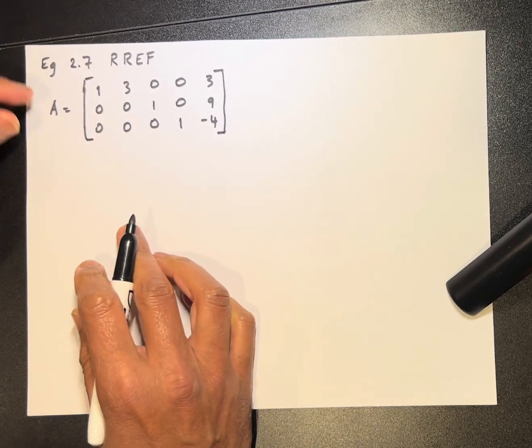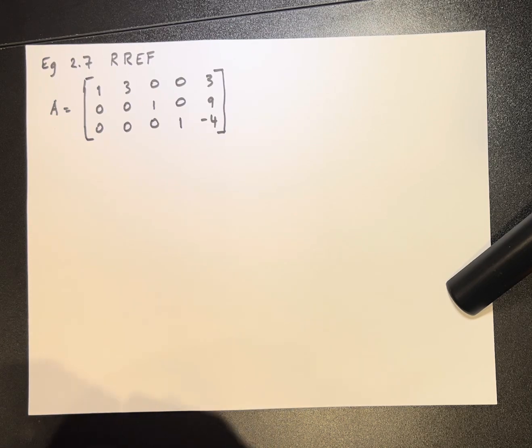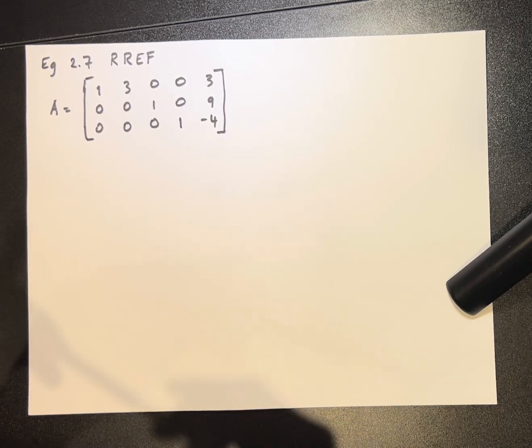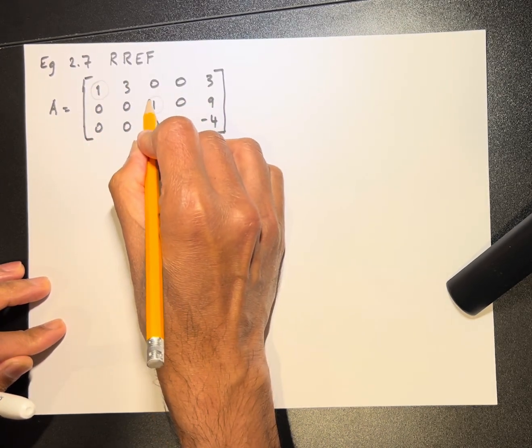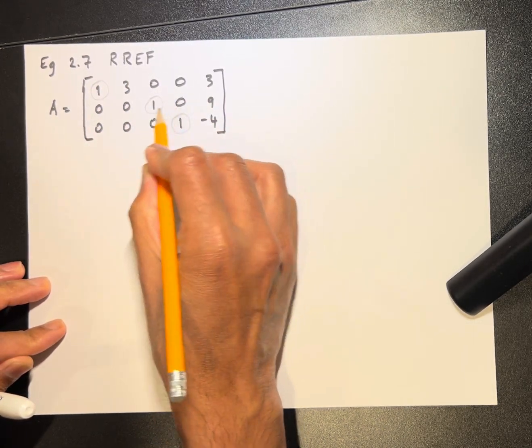They have bolded the pivots, but I'm just going to circle them. So this is one pivot, here is a pivot, and here is a pivot.